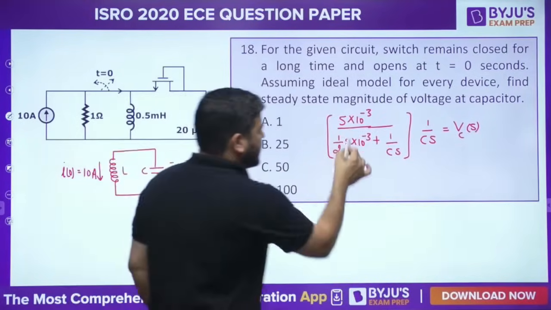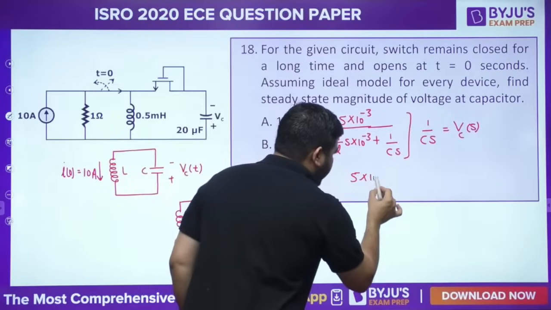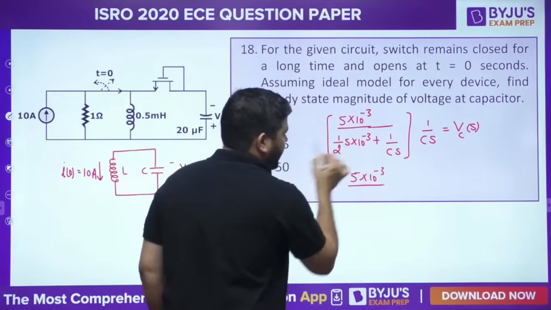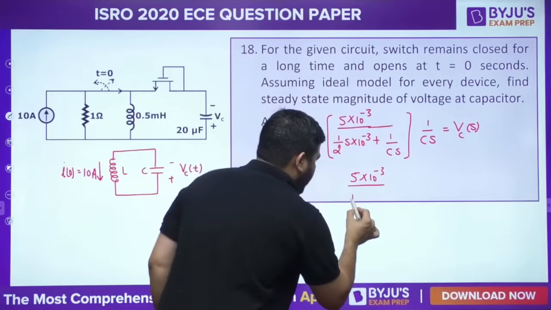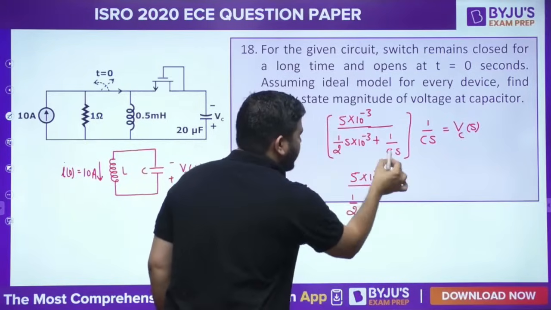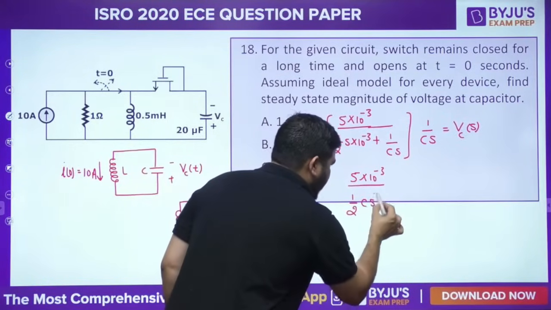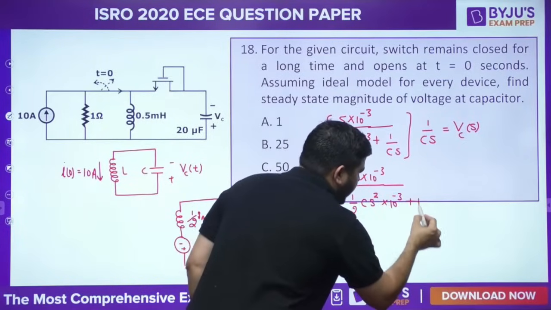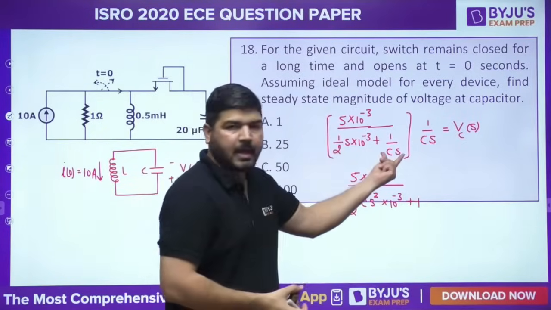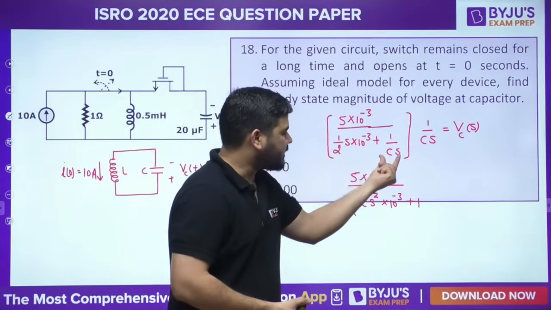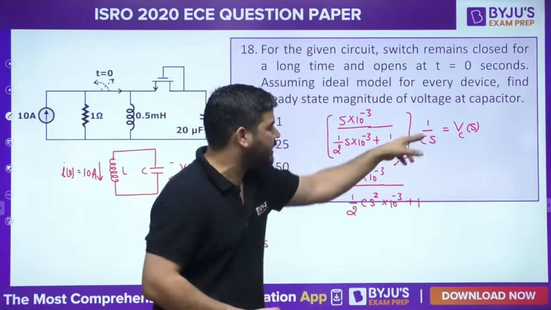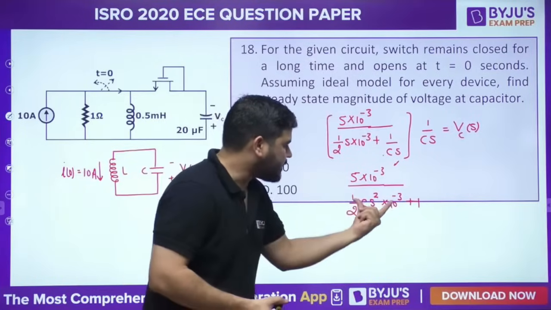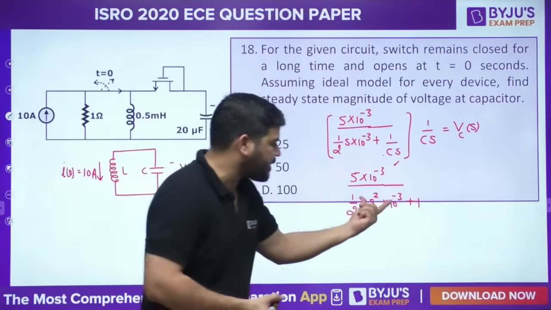Now if you simplify this, you will get 5 into 10 to the power minus 3 divided by (1 by 2 into C S square into 10 to the power minus 3 plus 1). I am taking the LCM, so the S will go in the numerator and cancel with CS. This is the expression.